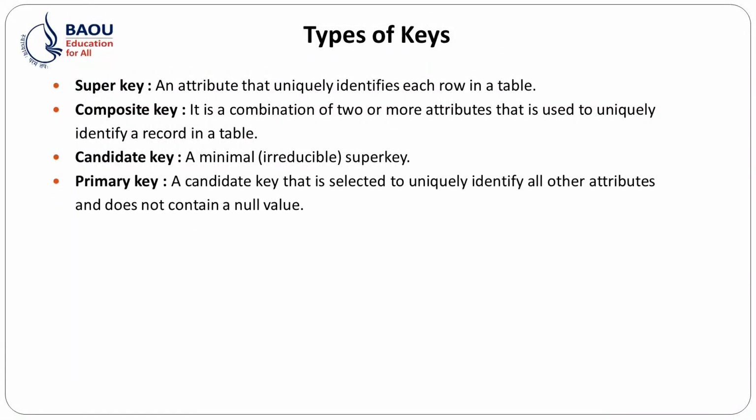Now the next one is the primary key. A primary key is selected from a candidate key to uniquely identify all other attributes and does not contain null values. For example, roll number is used to uniquely identify the records in the table and does not contain null values. So it is called the primary key.